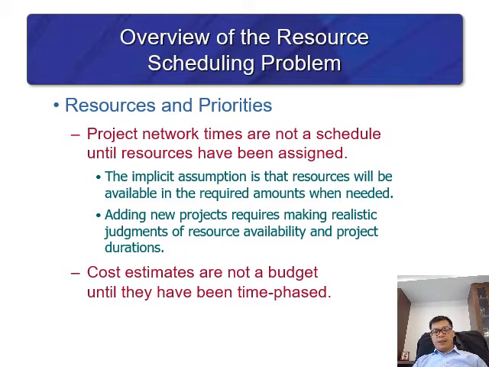Actually, cost and budget can be interchangeable, but we use cost to imply the cost that we estimate. When the cost is already finalized with the time, it becomes the budget. So this is the problem. Sometimes we estimate the cost, but we don't know how much we get from each schedule, each task.